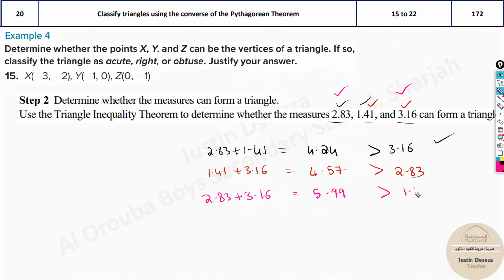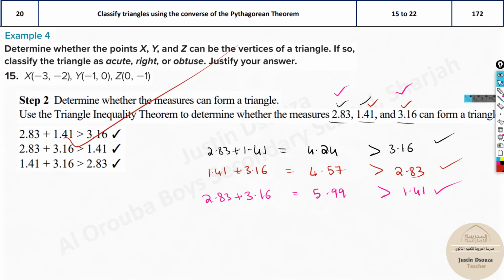It is greater than the other side, that is 1.41. All the three things check over here. All the three sides, when you add any two sides, it is greater than the other. Hence we can tell it is possible to form a triangle. These sides are possible to form a triangle.